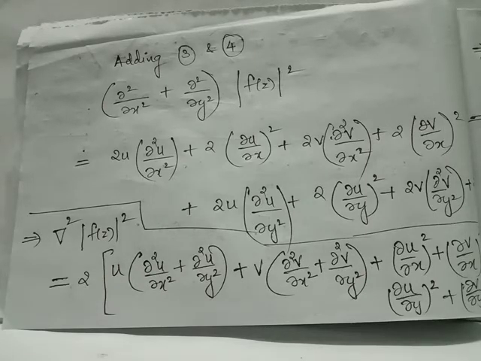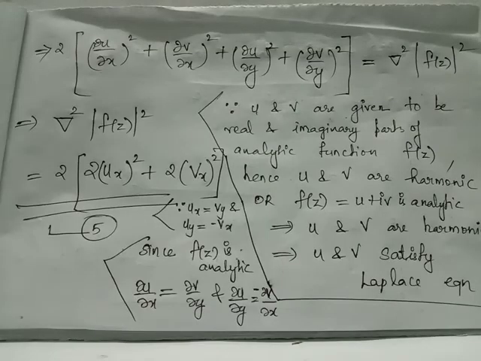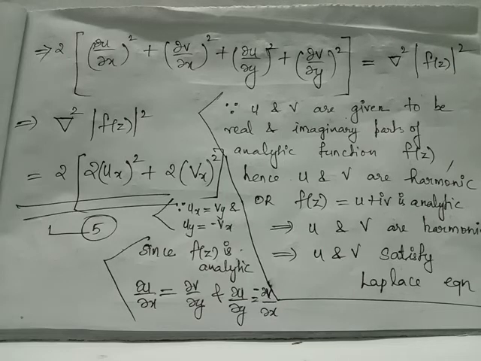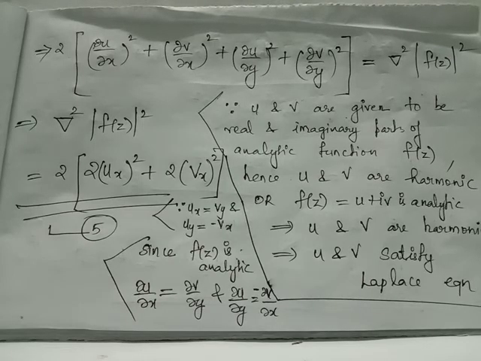So we are left with only 4 terms which are partial derivatives and the square of the partial derivative. Once we have applied Laplace equation, we are left with partial derivatives of first order, and all the terms are actually squares of partial derivatives of first order. Since f of z is analytic function, we can make use of CR equations.